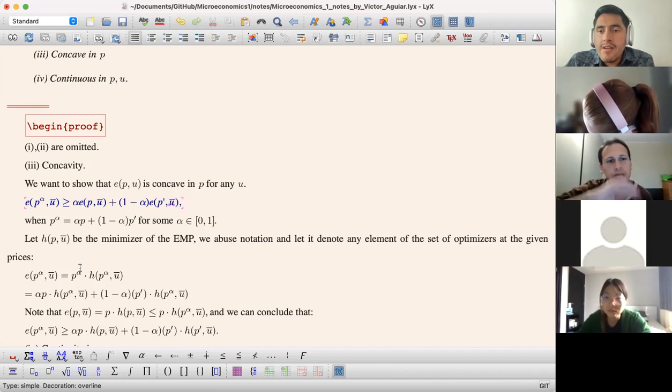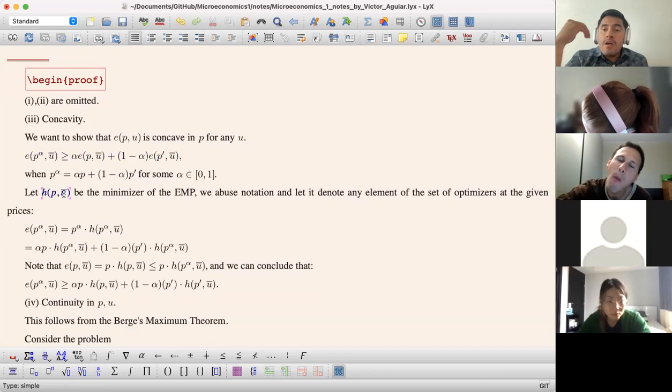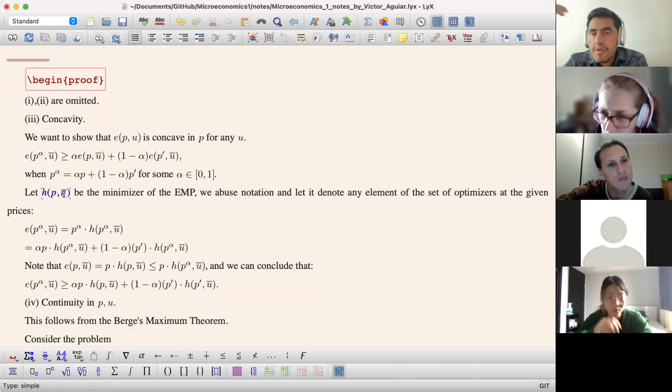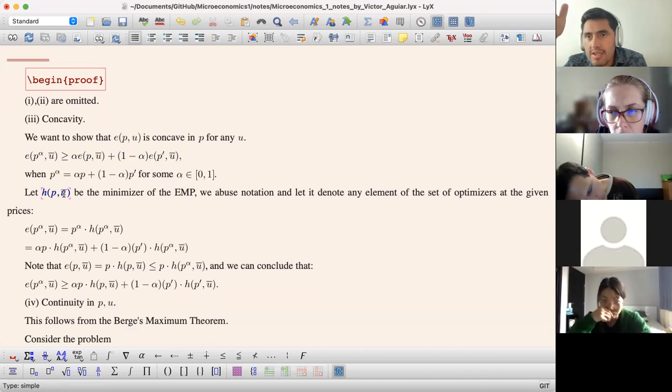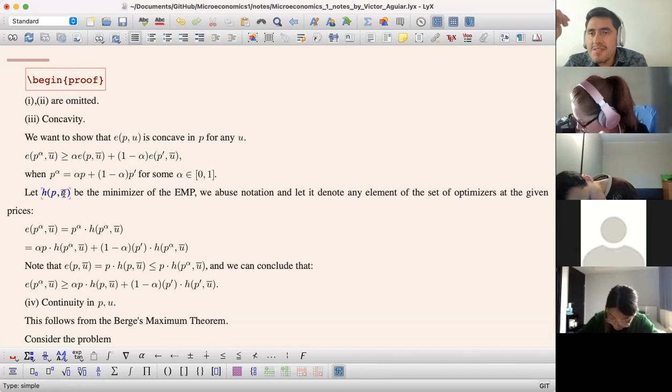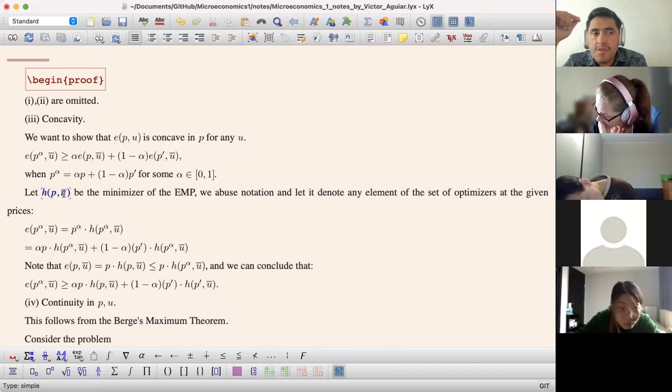Okay, so let's keep going. Now I want to show this. I'm going to use the following notation: H of P, U is the minimizer of the expenditure minimization problem. When you see H, this is called in Mas-Colell the Hicksian demand. Mas-Colell likes a lot of historical names; Hicks was another famous economist, and we call the Hicksian demand the solution to the expenditure minimization problem.